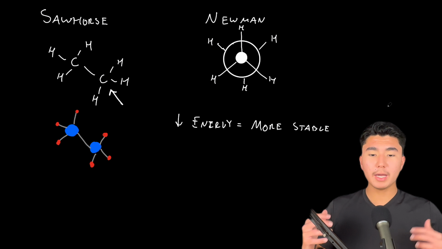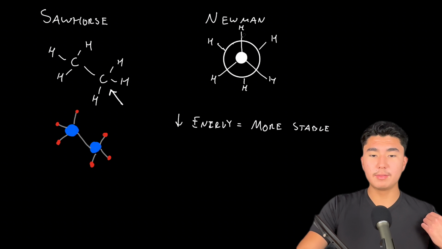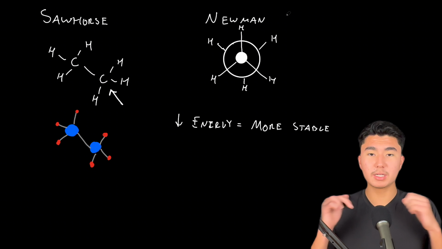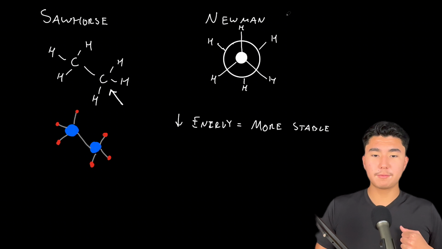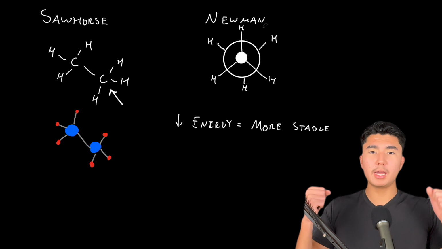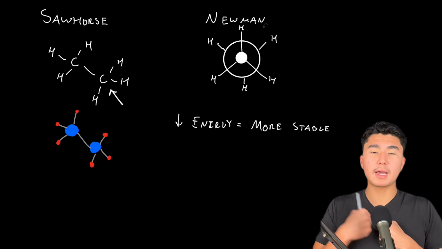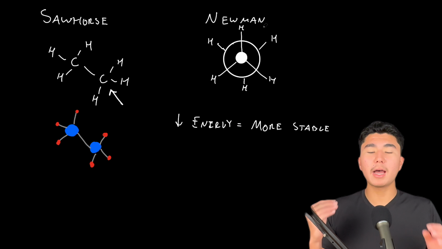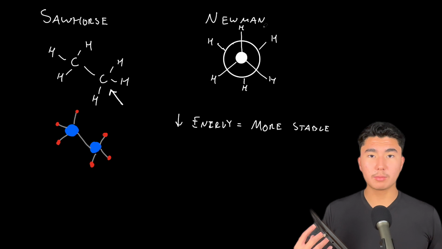But if we have less energy between these atoms, if they're not repelling each other... because when we repel, let's say these hydrogens weren't getting along with each other, there would be a repulsion force, and that's where we get energy from. And if we have less of that, we have a more stable organic molecule.